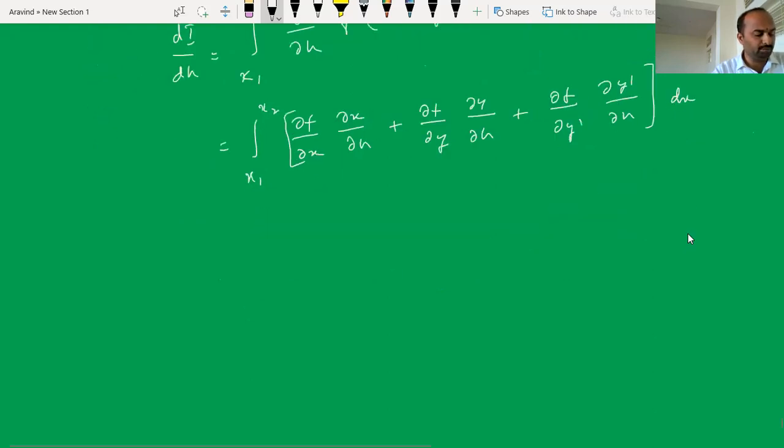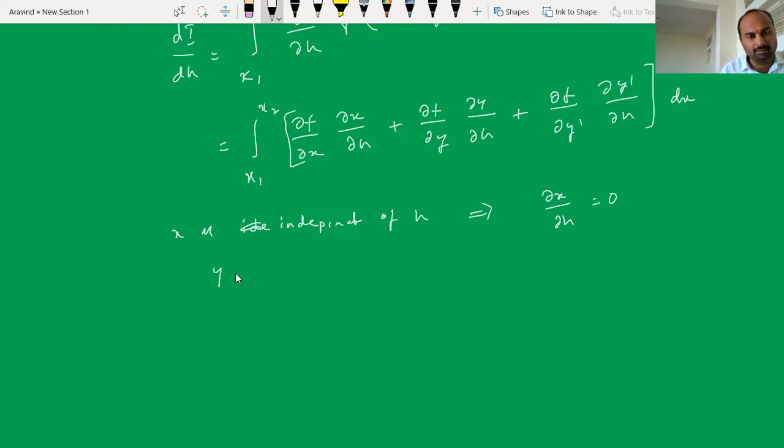So what we have, x is independent of h, which implies ∂x/∂h is equal to 0. And also we have y.